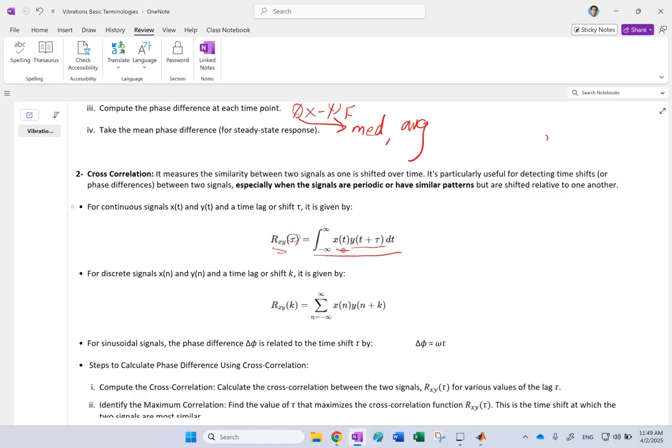Now, if you plot this R versus tau, of course, if two signals have a time delay between them, that is the actual time delay between the signals. For that value, this cross correlation will be at a maximum, because exactly by that delay, you shift one of the signals so it falls exactly on top of the other one.